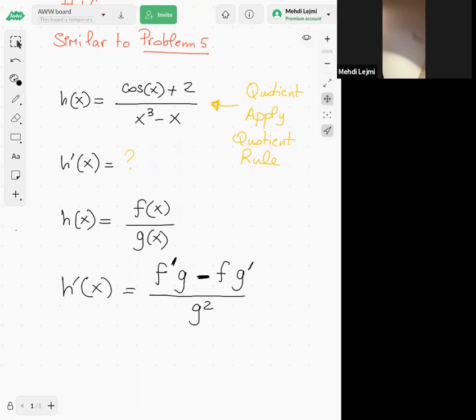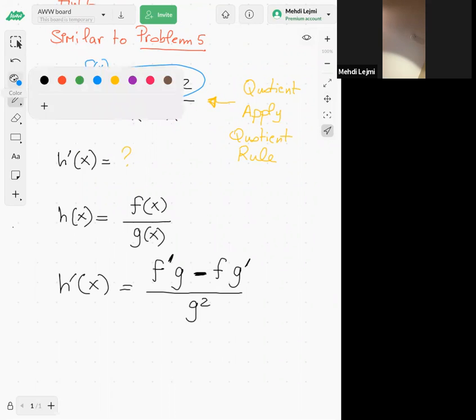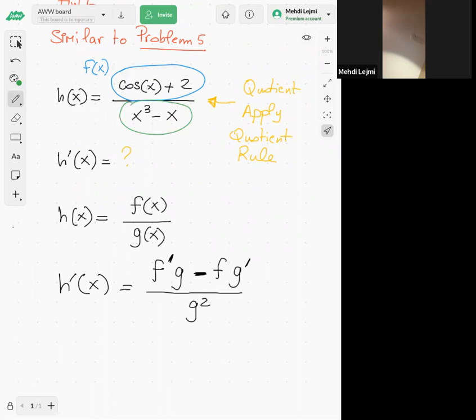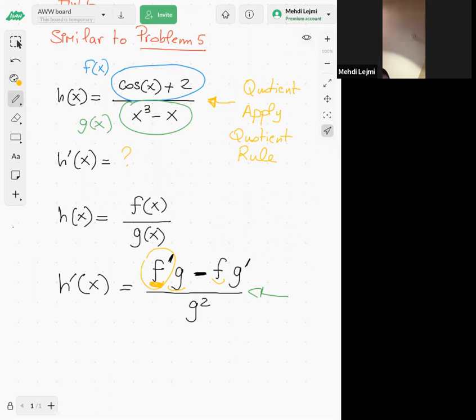Now, once you know the rule you need to apply, we want to apply it. The top is f of x and the denominator is my g of x. In this rule, you see there's a g, there's f, but there is also f prime and g prime.